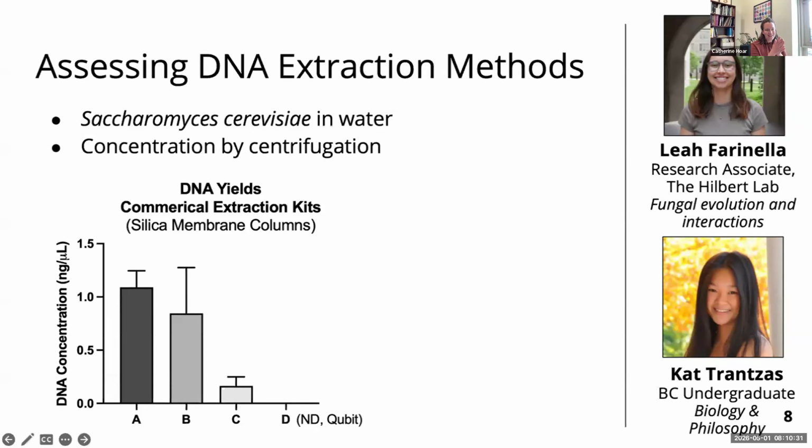And then Kat, an undergraduate student in my lab, and Leah, a research associate in the Hilbert lab, looked specifically at 4 different silica membrane spin column-based kits. And here we're looking at full DNA concentrations because we spiked in yeast here for each of the kits, A through D. And I think it was 6 replicates each here.